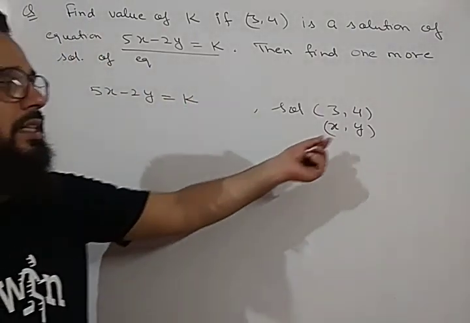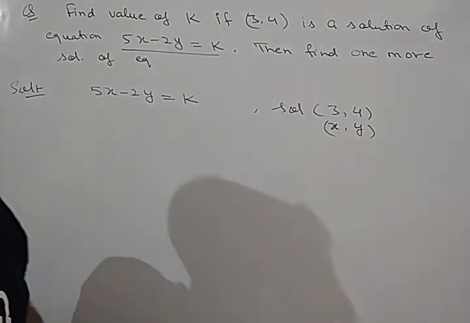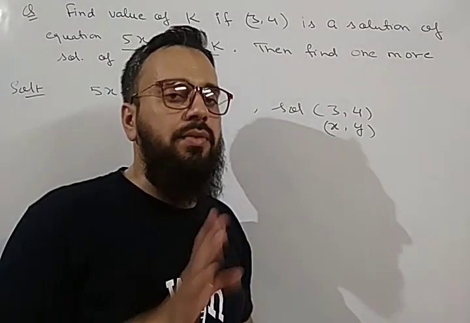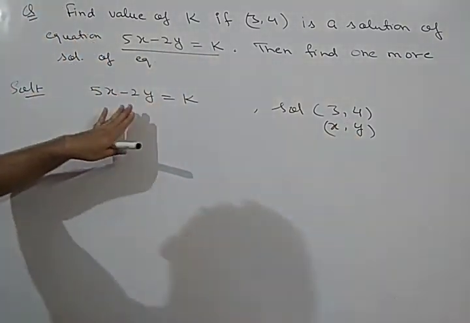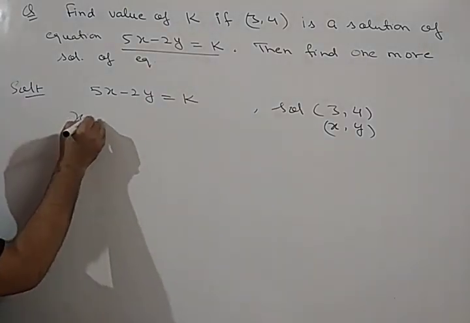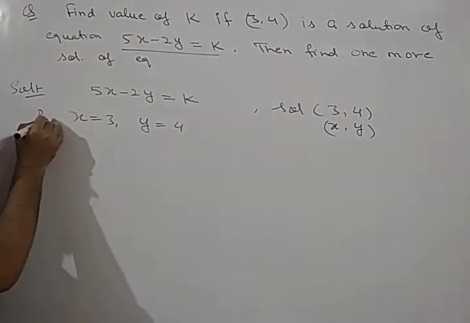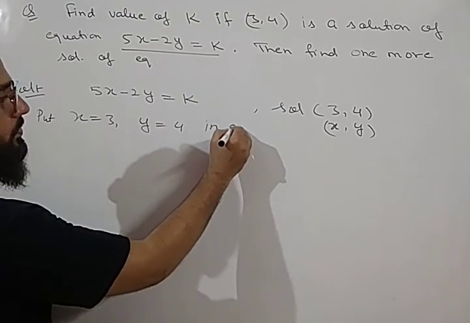It means these values of x and y will satisfy this equation. What is the meaning of solution? The values of x and y which satisfy the given equation. So simply we will put x equal to 3 and y equal to 4 in the given equation.